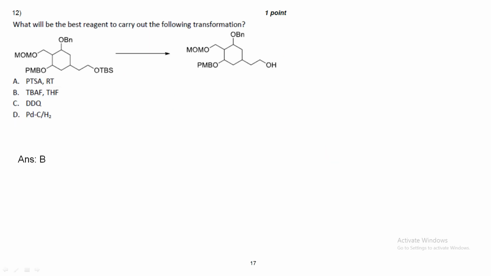Now to carry out this particular transformation, what should be the right reagent? So let's look at the protection groups first. Bn, all of you know, Bn is benzyl, MOM is this kind of thing.